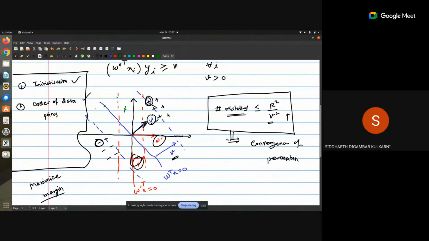Yes, sir. Why I ask this question is that there is one activity question based on this. There is an optimal W, and then there are two W's which different perceptron algorithms find for that same problem. But they are saying that the optimal W decides the gamma, and according to the answer, the optimal W decides the upper bound of the number of mistakes.